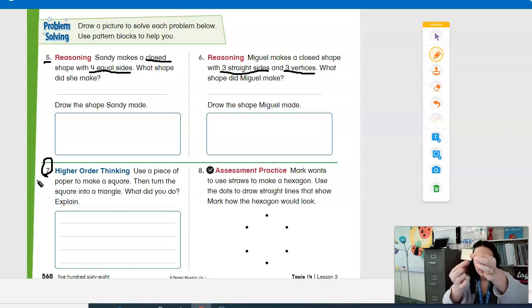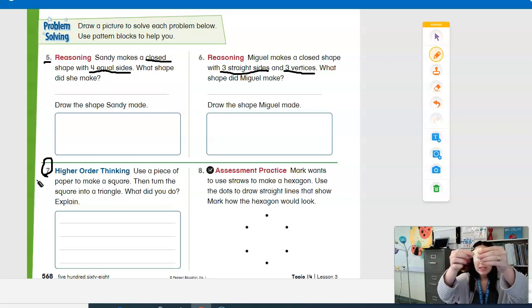Let me think. If I have to take my 4-sided shape and turn it into a 3-sided shape, it must mean I have to make this smaller. So let's try. If I fold it down this way, it looks like a rectangle, so that won't work. Maybe if I fold it this way. Still looks like a rectangle.